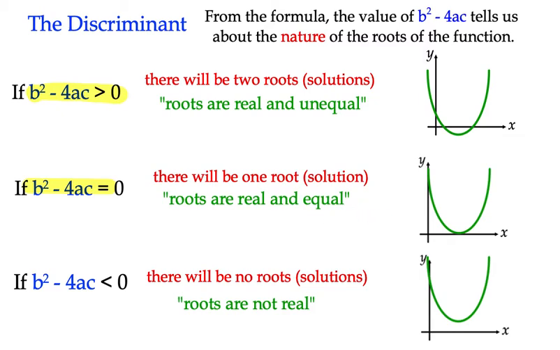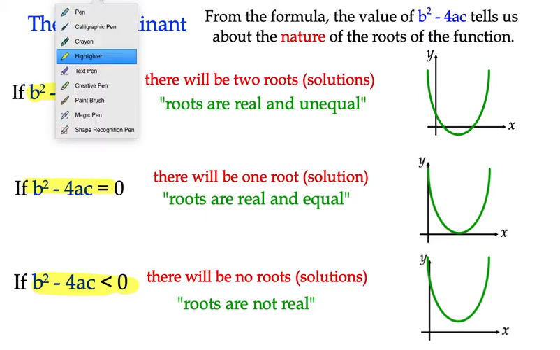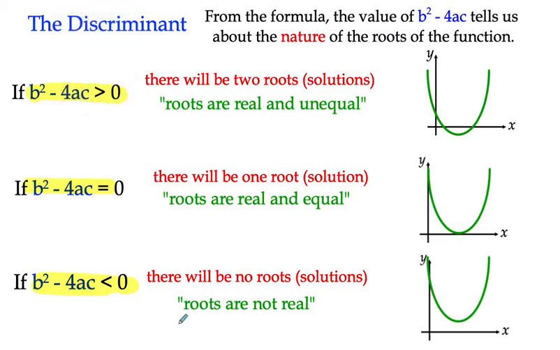And if we say the discriminant is less than 0, then here's an interesting one. There's no solutions to the quadratic equation, but we say that the roots are not real, okay? It suggests that there are roots, but they're not real. What does it mean, not real? Well, that's a topic of discussion if you were to go and to do more advanced mathematics. There's something called imaginary numbers.